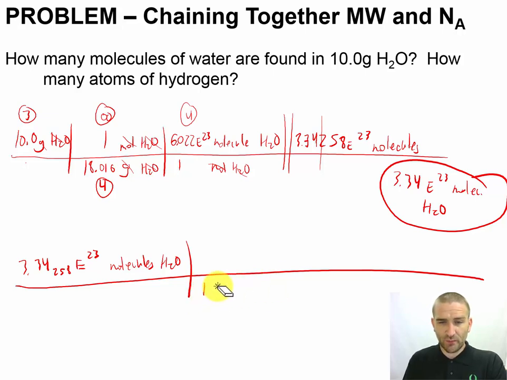Okay, so I've got molecules of water. In one molecule of water, how many atoms of hydrogen am I going to have? Well, I've got 2 atoms of hydrogen inside of each one. So I'm just going to go ahead and write down my 2 atoms of hydrogen. That's my final unit that I needed for that part. Notice my molecules of water cross-canceled, and I'm now in atoms of hydrogen.